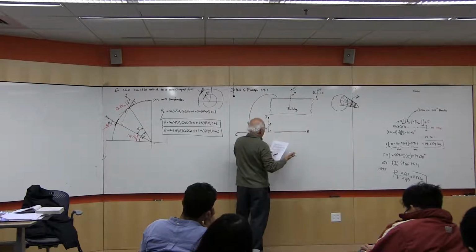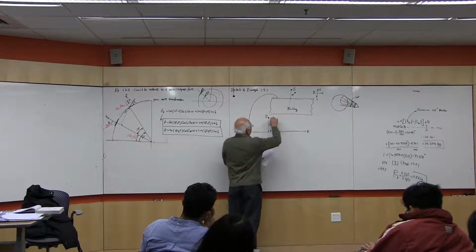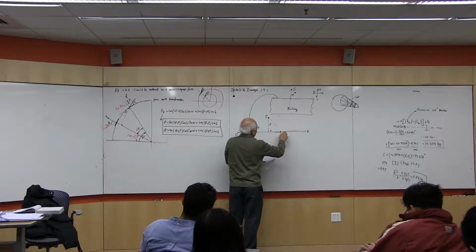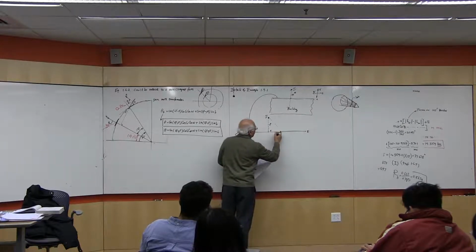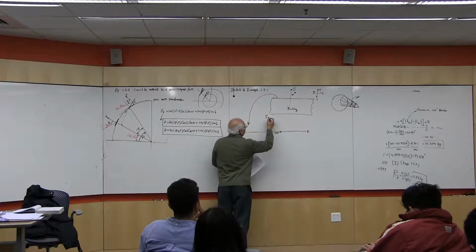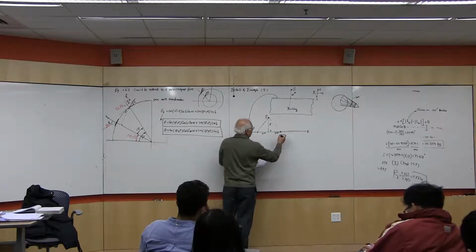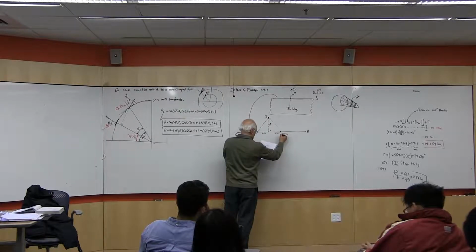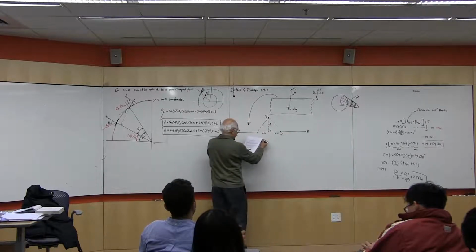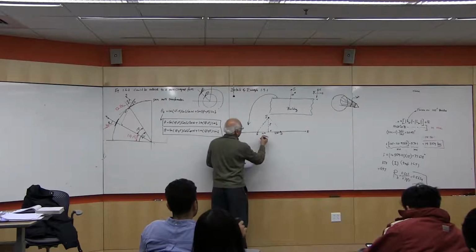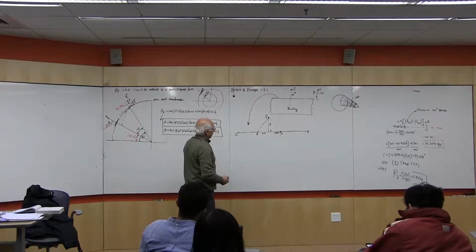Then arbitrarily we pick 2 more points here, 10 meters from A and on each side 10 meters, and we call this point D and point B. All right.